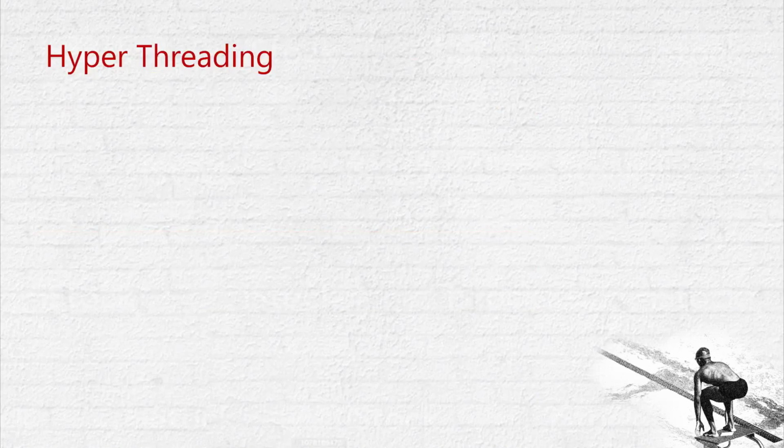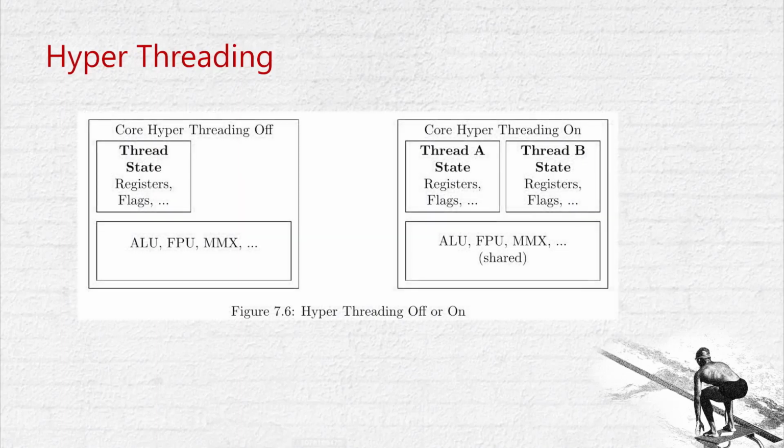The next one I've mentioned already is something called hyperthreading. Hyperthreading was introduced many, many years ago, and it basically allows each core to have a second virtual core assigned to it. When you have hyperthreading turned off, you have all your thread state in your CPU, like your registers, your flags, the program counter, and the stack pointer, once.